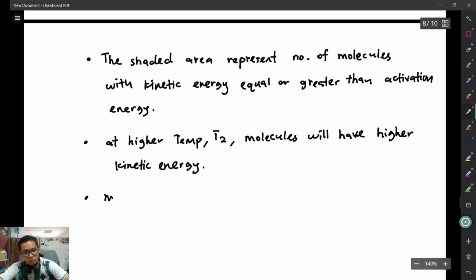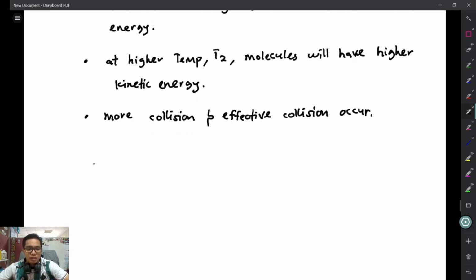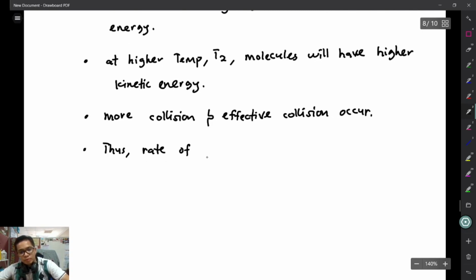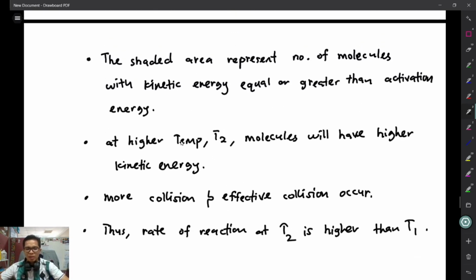Thus, more collisions and effective collisions occur. Therefore, the rate of reaction at T2 is higher than T1. For the details you can refer to the lecture notes. I just write it like this.